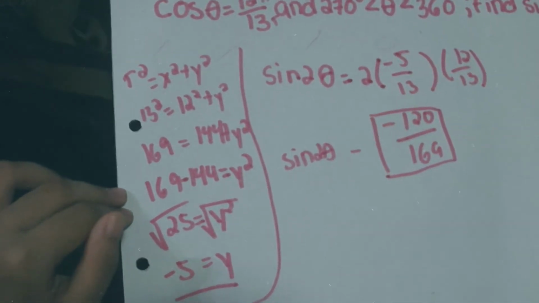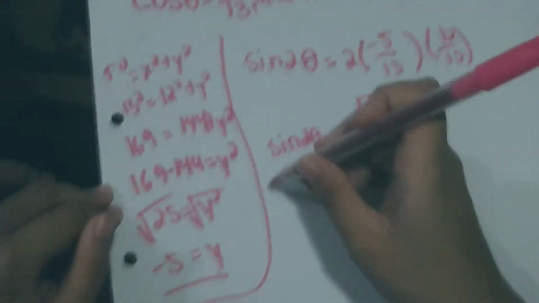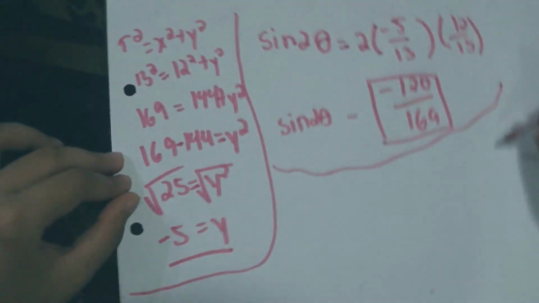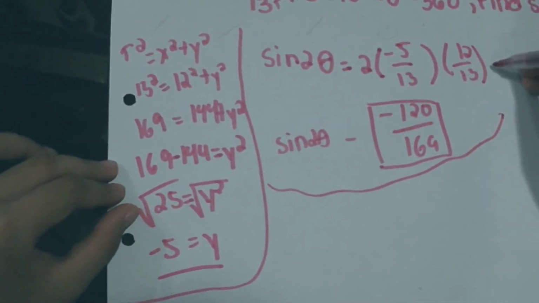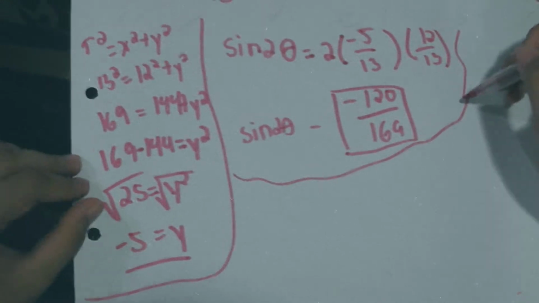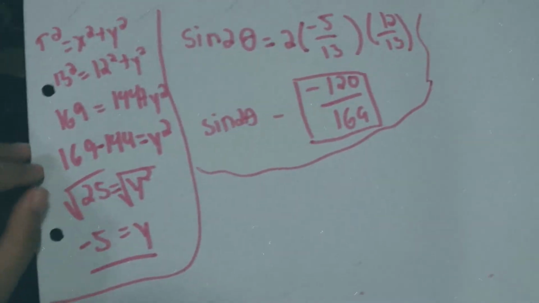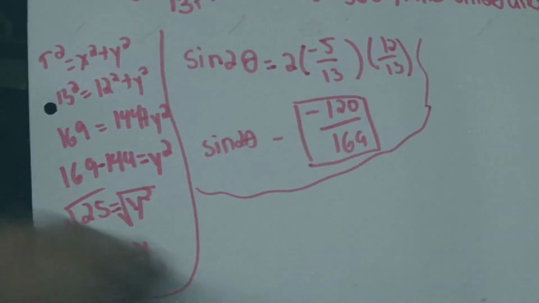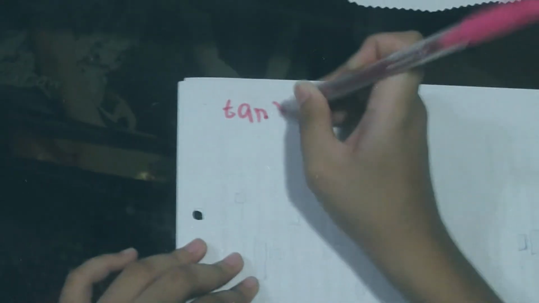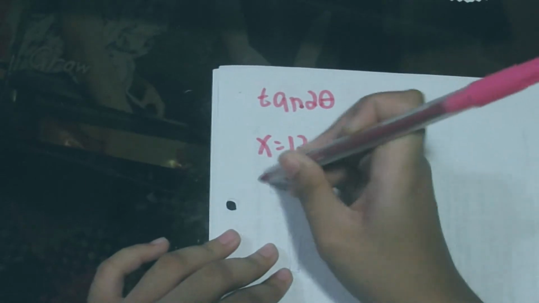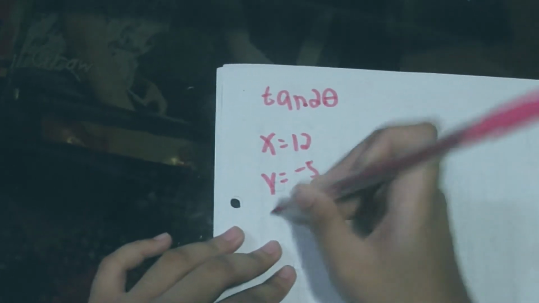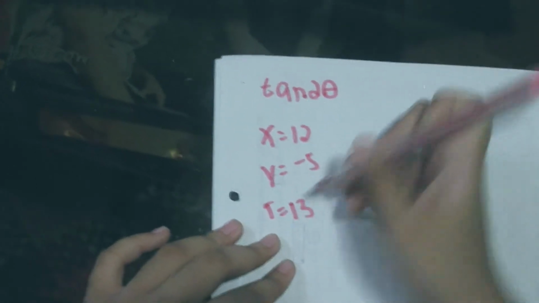Now let's solve for tangent 2 theta. Given x equals 12, y equals negative 5, r equals 13.